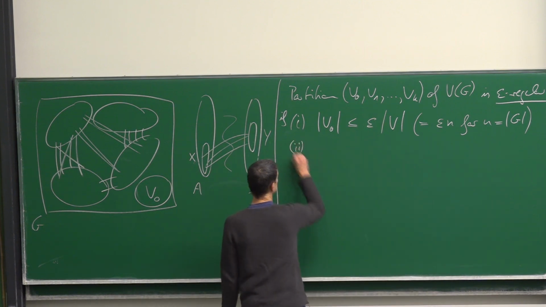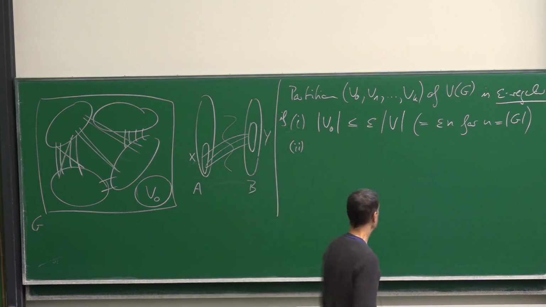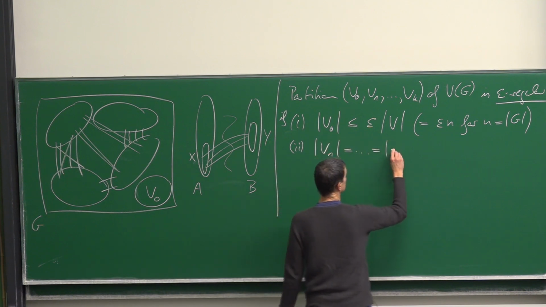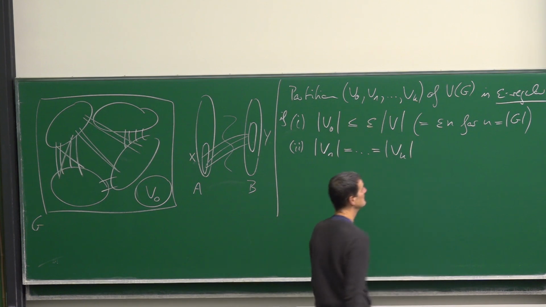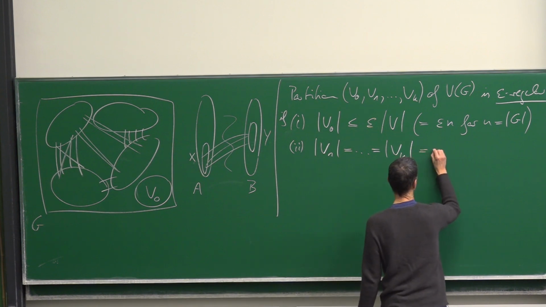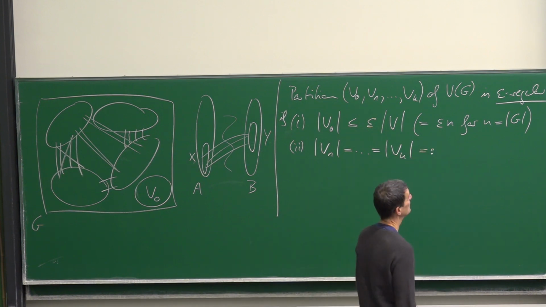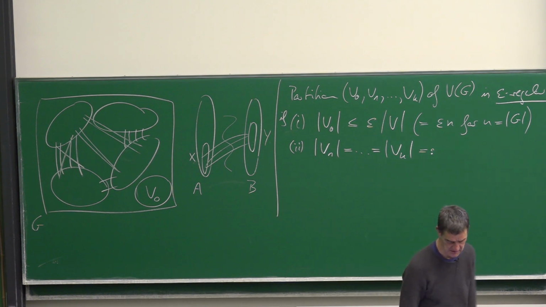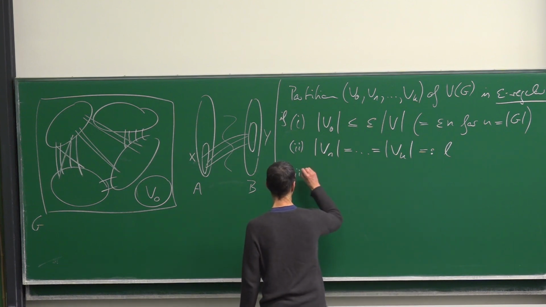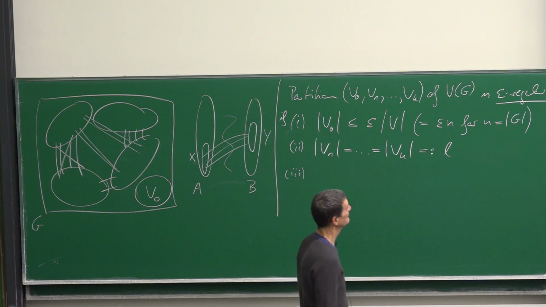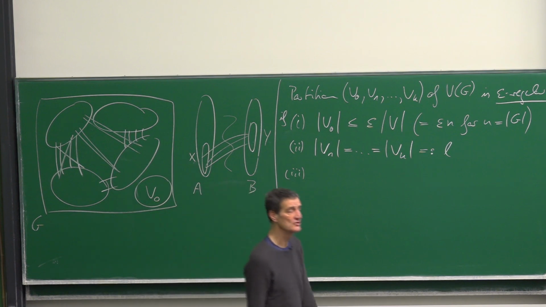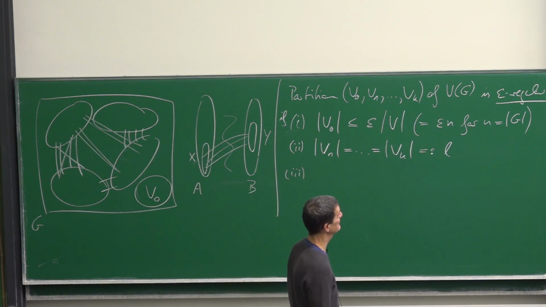Second, these partition sets, the other ones, have the same size. They all have size which we'll call L. And the third condition is that these pairs, except a few, are epsilon regular.